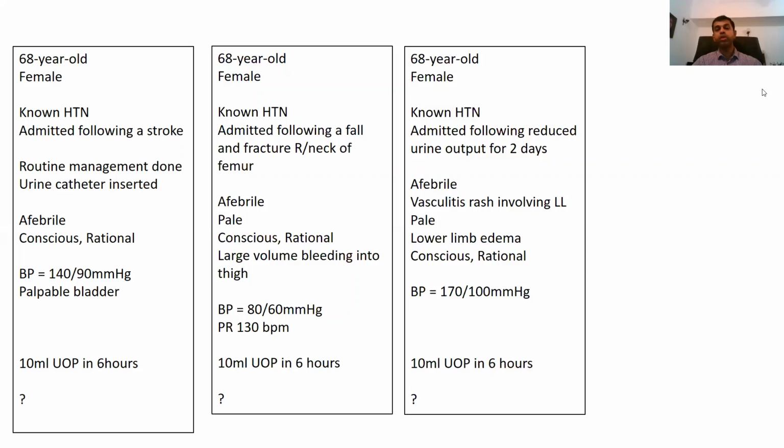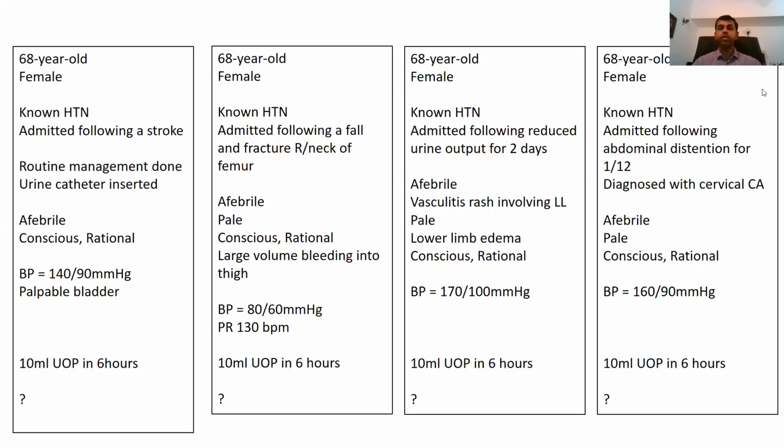Again, the urine output is low, around 10 ml over the last 6 hours. And the next scenario is again a 68-year-old female patient, known hypertensive, admitted following abdominal distension for about 1 month's duration, and was diagnosed with cervical carcinoma. On examination, she's afebrile, pale, conscious, rational, and blood pressure is elevated at 160/90. Again, the urine output is low over the last 6 hours.